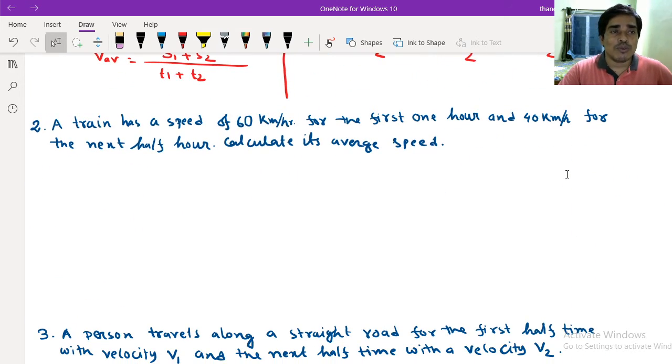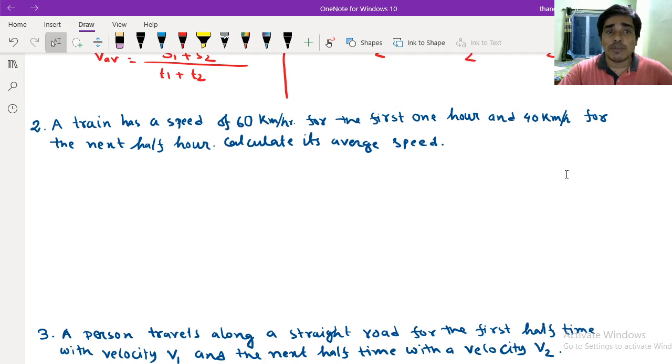Number 2. A train has a speed of 60 km per hour for the first 1 hour and 40 km per hour for the next half hour. Calculate its average speed.